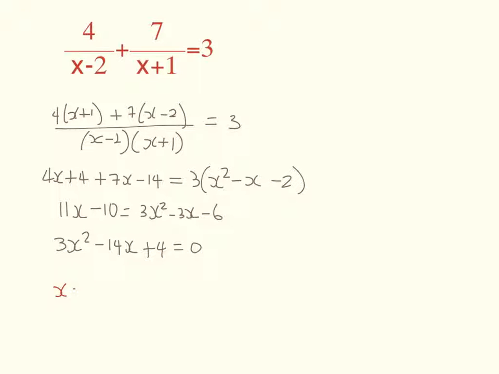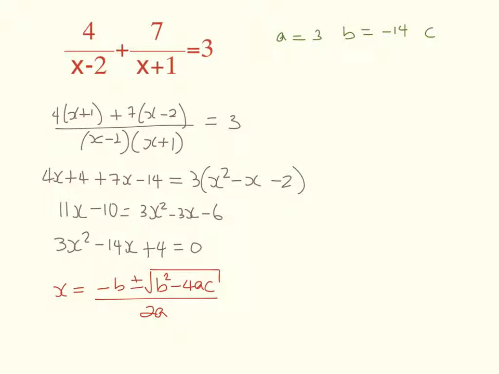So x is equal to minus b plus or minus the square root of b squared minus 4ac, all over 2a. And again, we can identify a, b, and c, where a is going to be 3, b is going to be minus 14, and c is going to be 4.